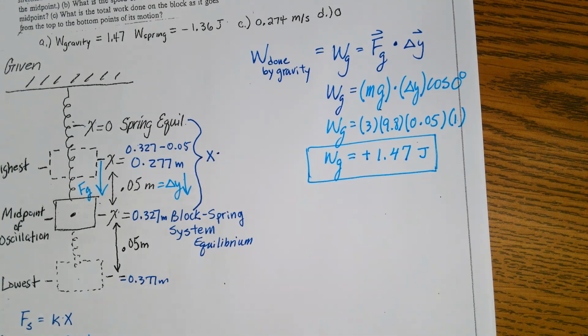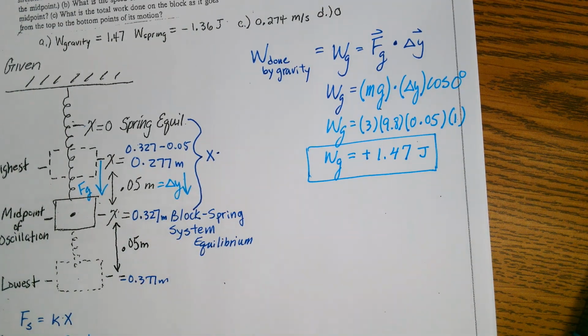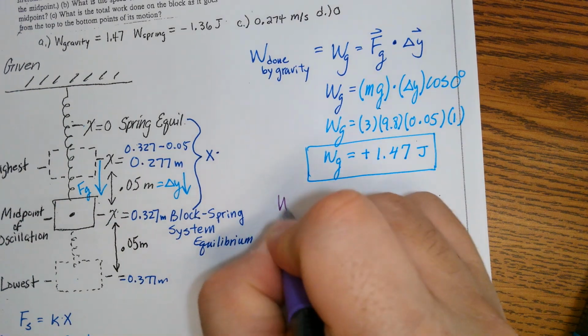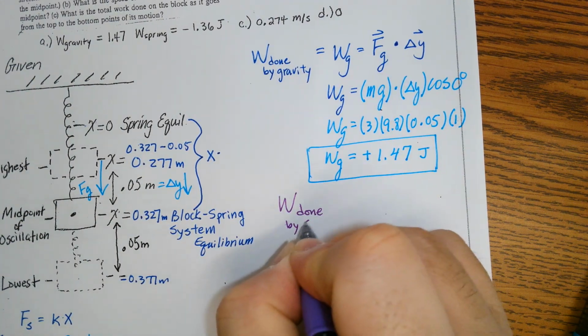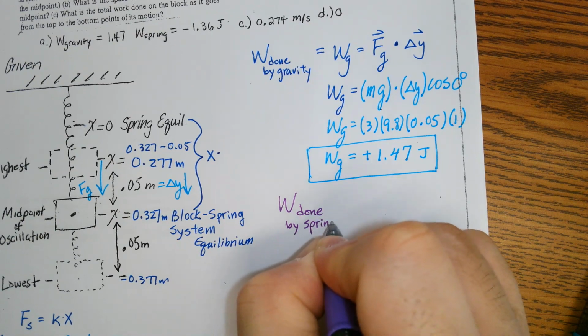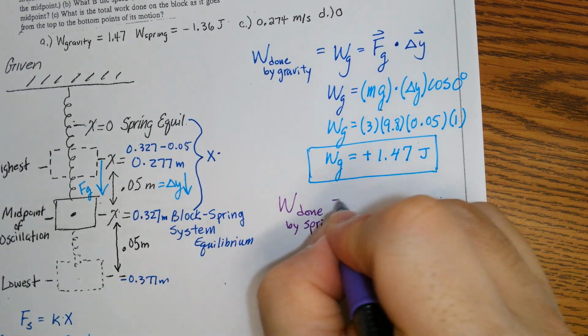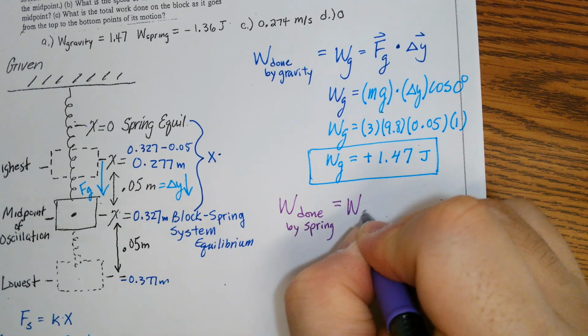Then work done by spring. Well, how much work is being done by spring? Work done by spring is equal to, right, work done by spring.